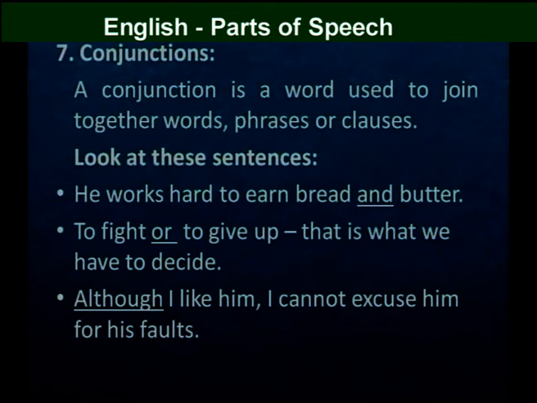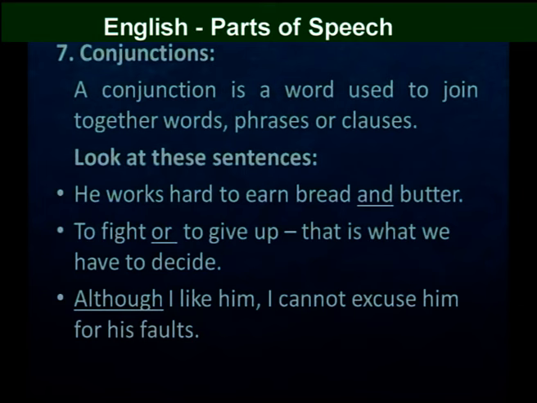So, in the first sentence, the conjunction and joins together two words. Similarly, in the second sentence, a conjunction joins two phrases. And in the third sentence, a conjunction joins together two clauses.